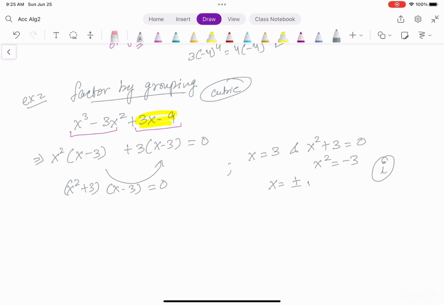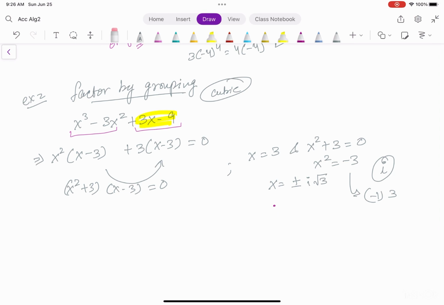So you will get plus minus i radical 3, because negative 1 is nothing but imaginary number. And i is equal to radical of negative 1. So we will get this particular imaginary number.